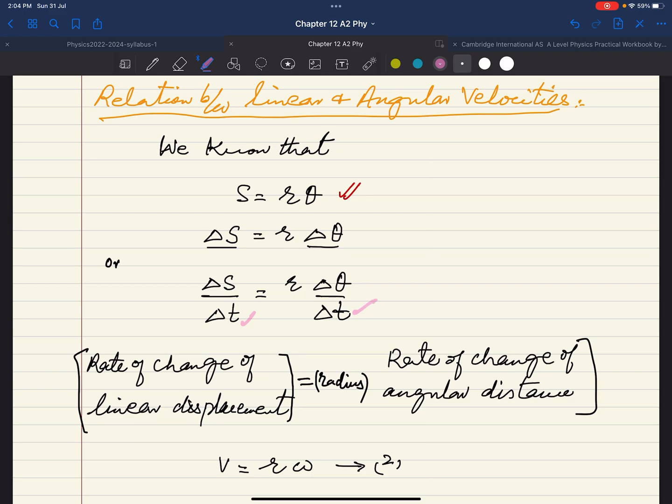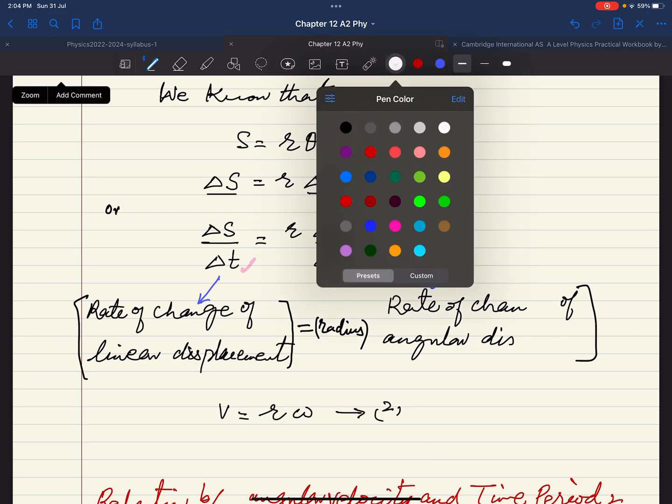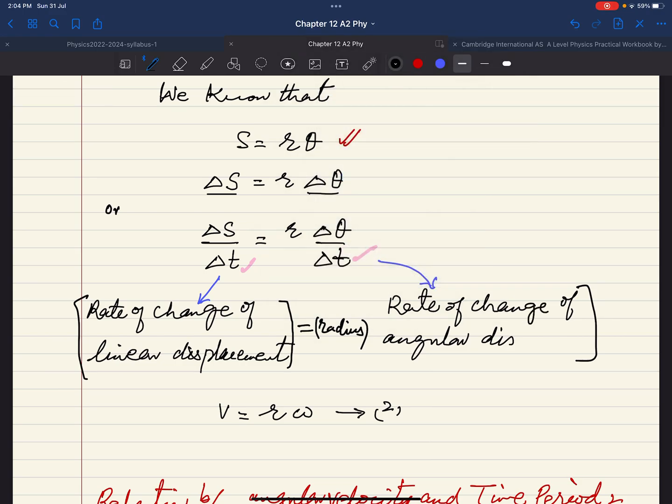When you divide both sides by delta t, you will find that here you have the rate of change of linear displacement, and here you have the rate of change of angular displacement.